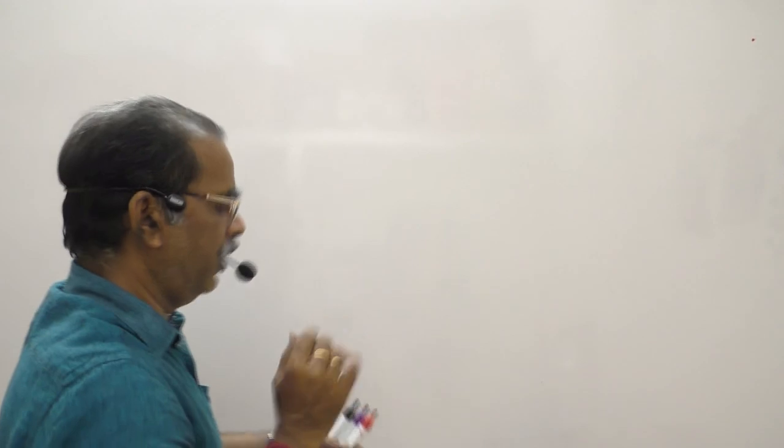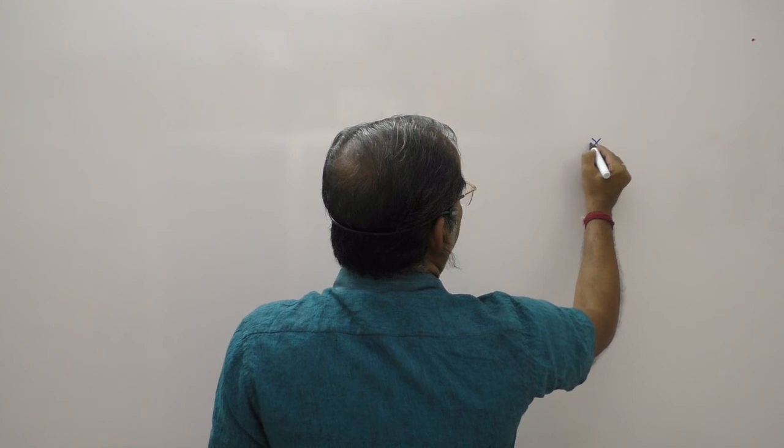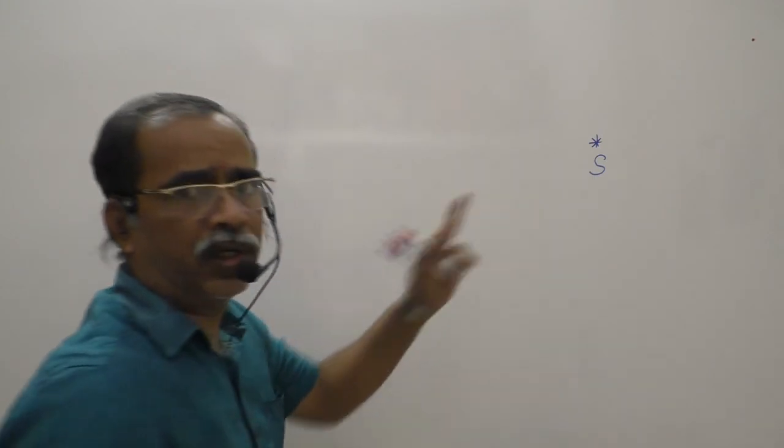Now we will learn the terminology of this chapter. Already we have seen three new terms: focus, directrix, eccentricity. Focus is the fixed point. Directrix is the fixed line. Eccentricity is the constant ratio, which is non-negative. S is a fixed point which is called the focus.